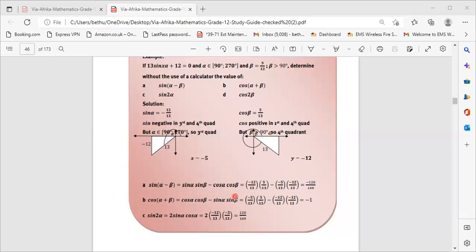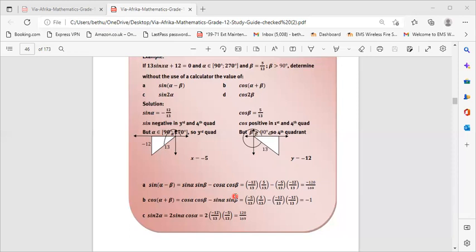Now, this is the most critical part. We need to express sine alpha in terms of its ratio, sine beta in terms of its ratio, cos alpha in terms of its ratio, and cos beta in terms of its ratio.